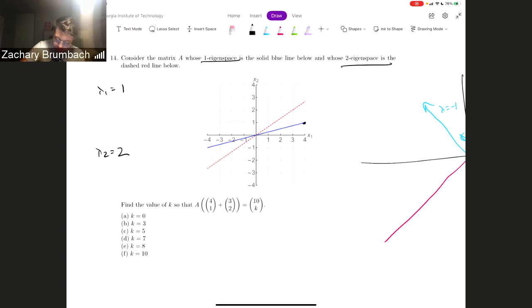So let's pick a vector on here. I'm going to make it easy for myself: the vector is 4, 1, and the vector here is 3, 2. These are just done by picking them off of this. Another reason you might want to pick these is because they are right here.